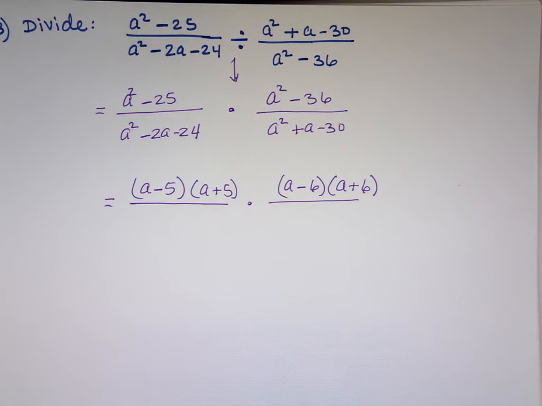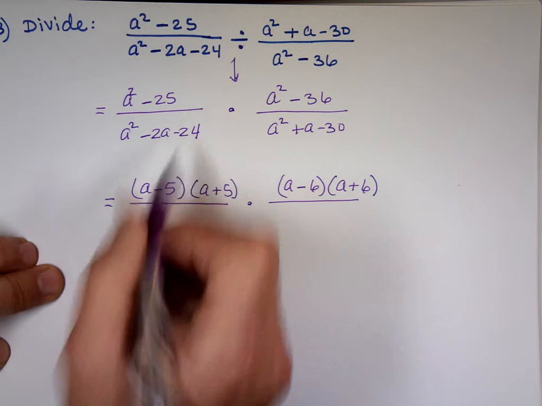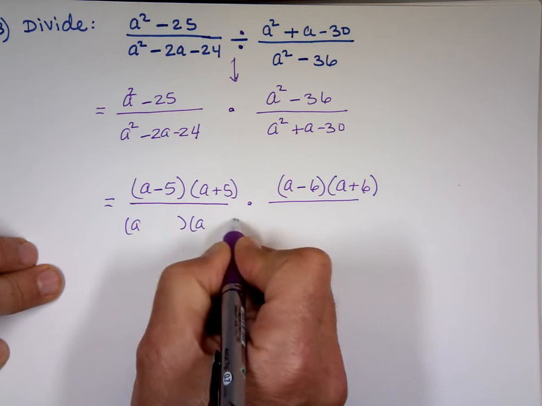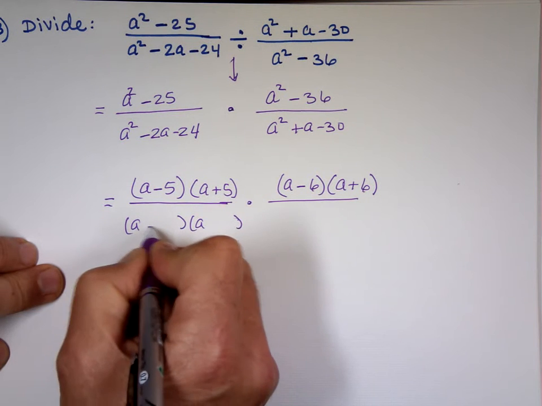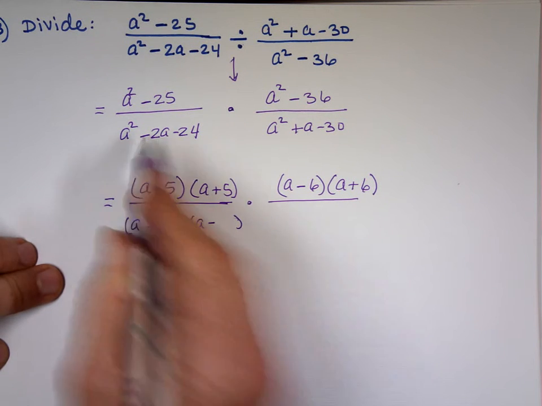Let's look at the bottom. A squared minus 2a minus 24. A squared is a and a. Negative 24 means one positive and one negative. 6 and 4 will make 24, so negative 6, positive 4.